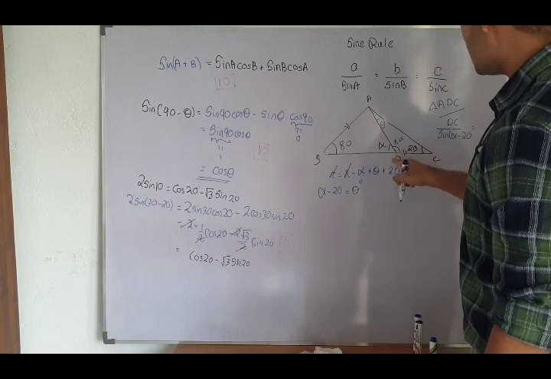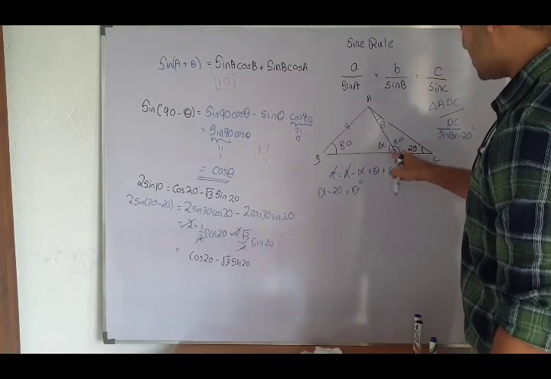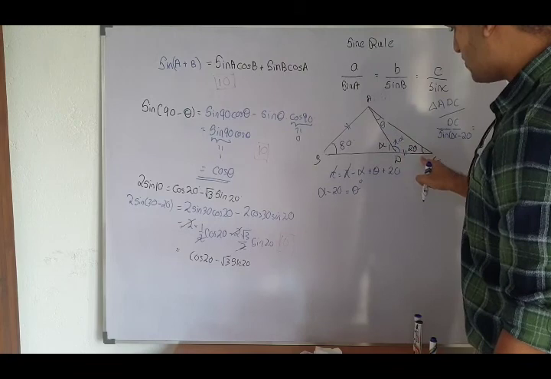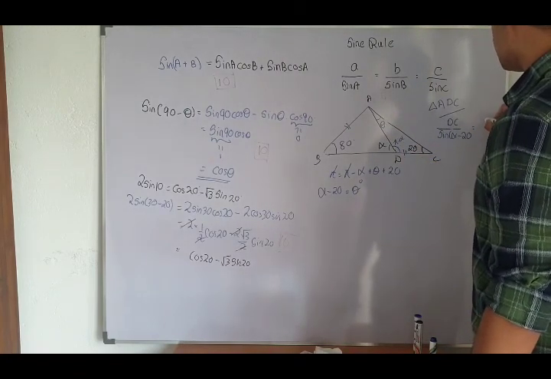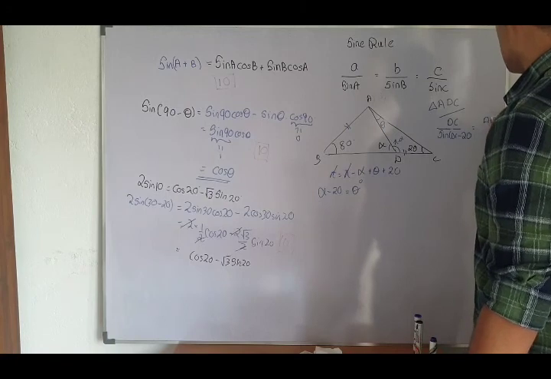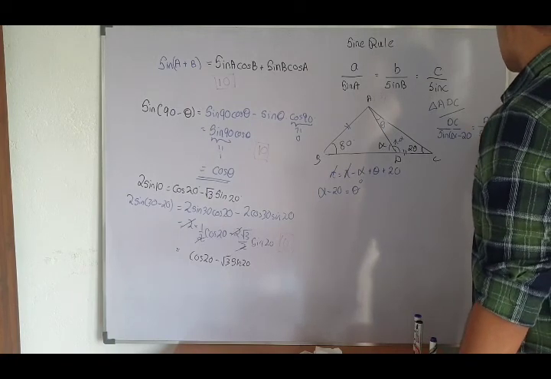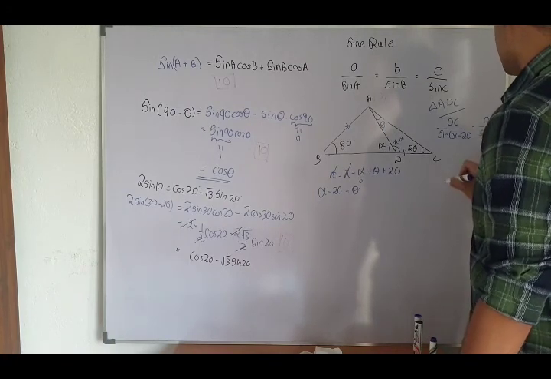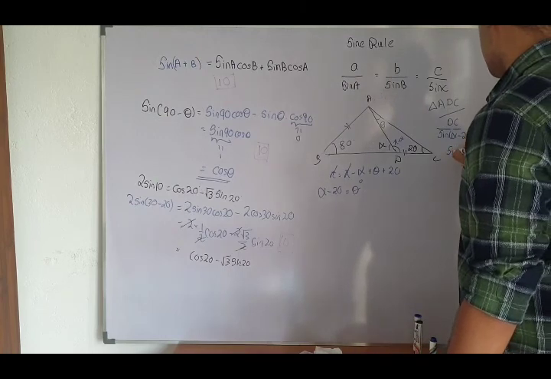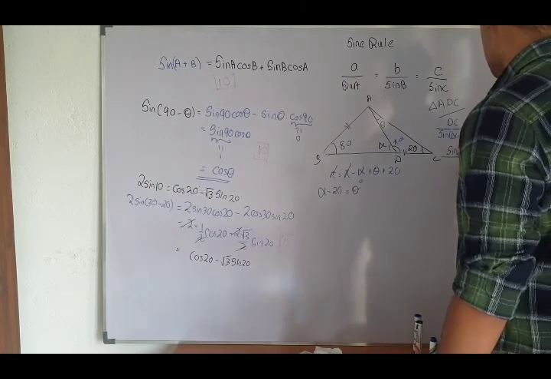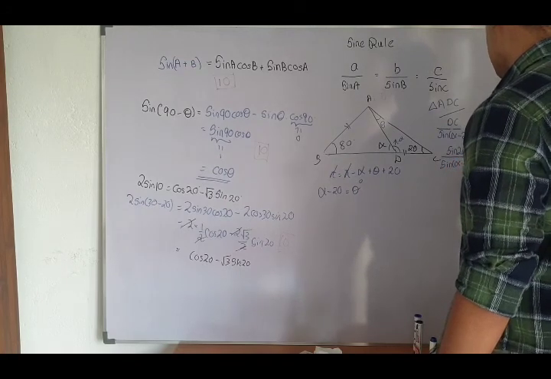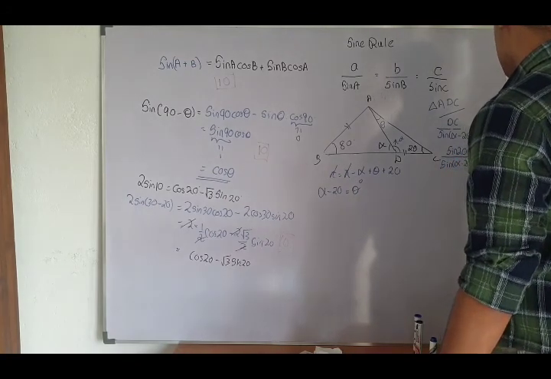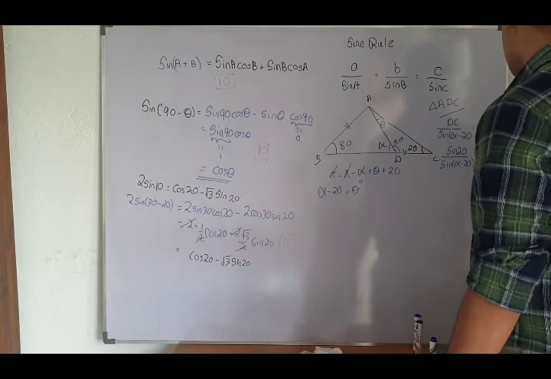So AD, this is the angle line AD, and the opposite angle for this is 20. So therefore we can say that AD over sine 20. So this we can express like sine 20 over sine alpha minus 20 is equal to AD over DC.